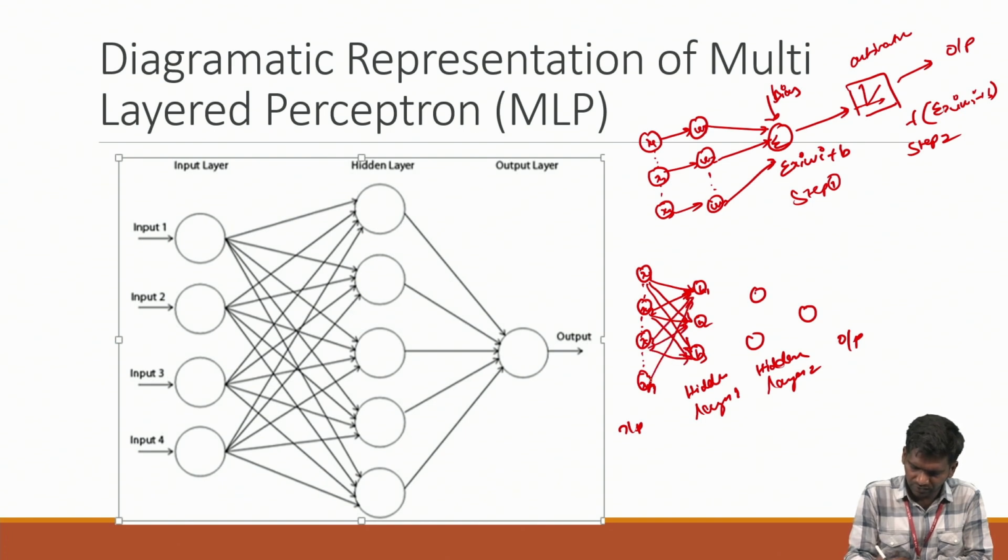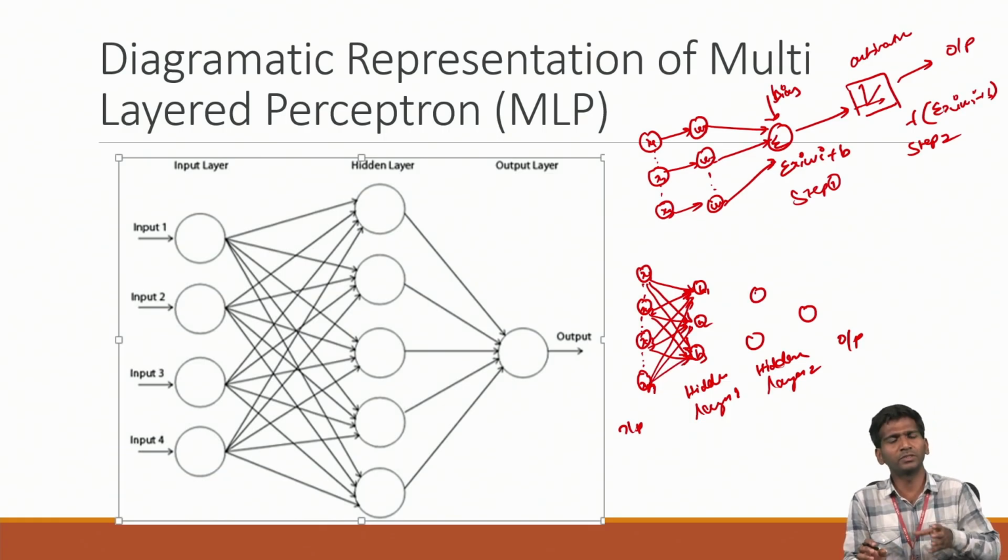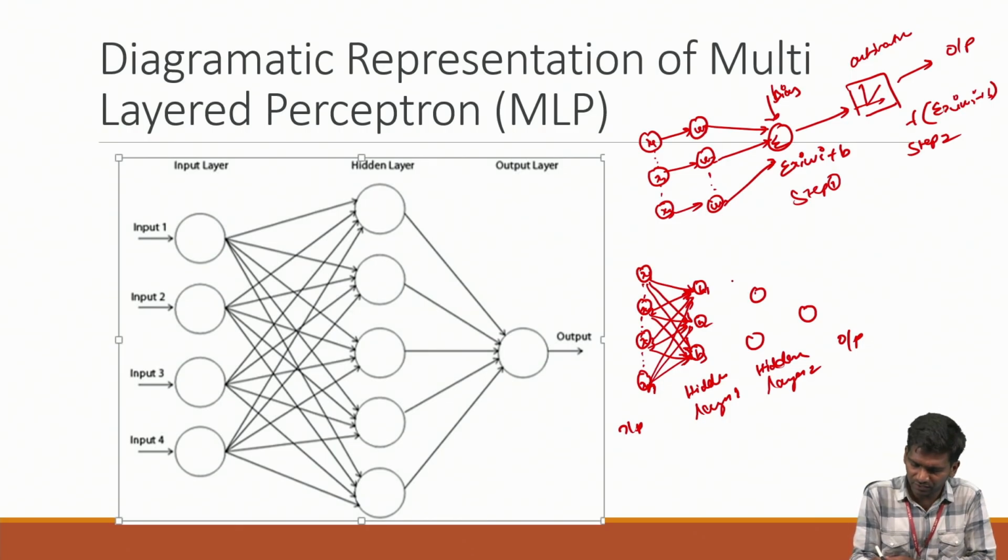So from one neuron we need to pass the information to every neuron of the other layer. Similarly, from this neuron the information needs to be passed to all the neurons. This is the hidden layer, and then we'll get an output.